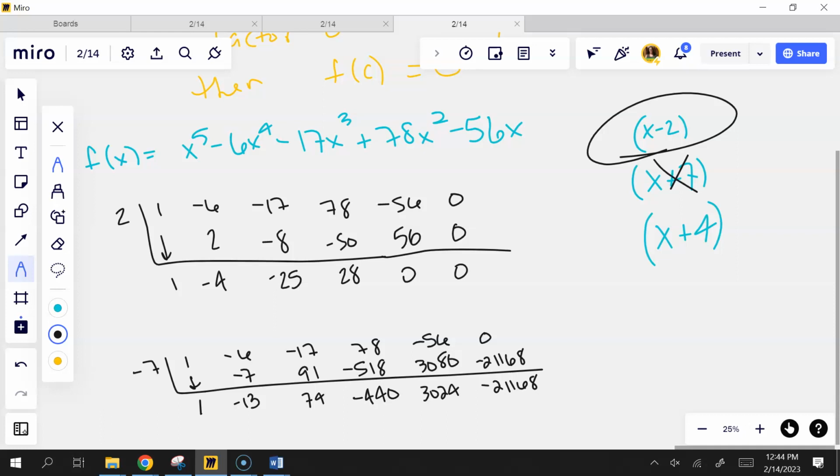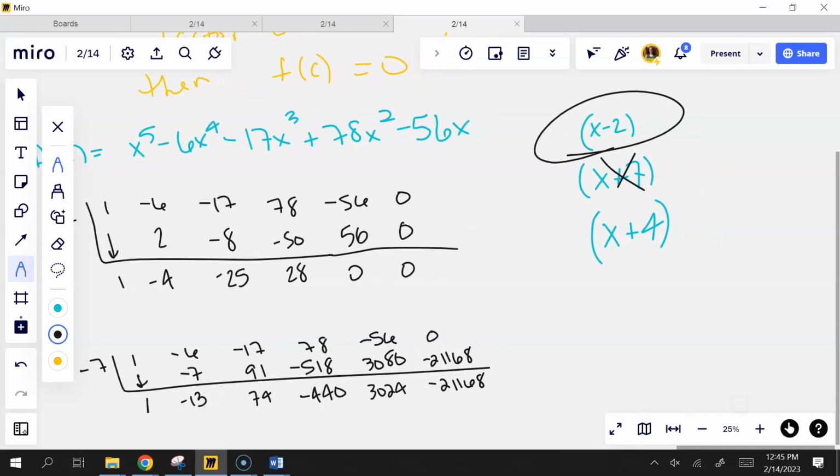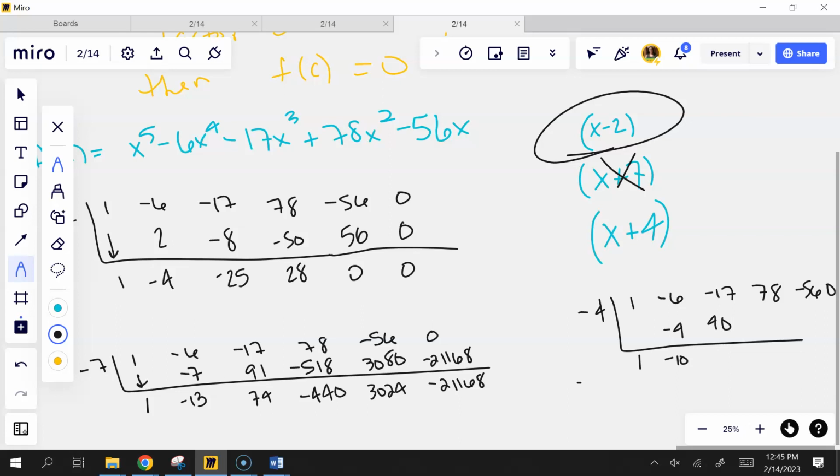Nope. 7 doesn't work. Yeah, those are good. Okay, yeah, I went wrong. How about 4? Hey, that works. That works for you? Oh, so you're supposed to put a 0 on the end?